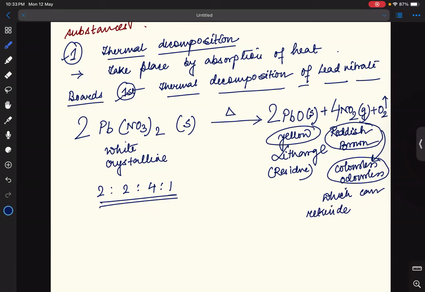The reason being oxygen is a supporter of combustion, so it will rekindle the glowing splinter. So these are the 3 observations: observation A, observation B, and observation C. Fine. And it's a decomposition reaction which occurs with the help of heat, students.